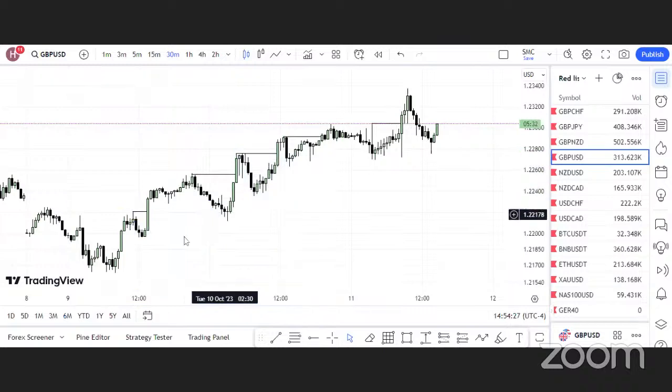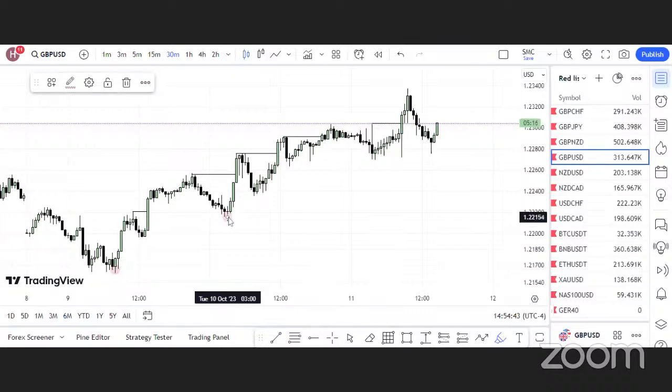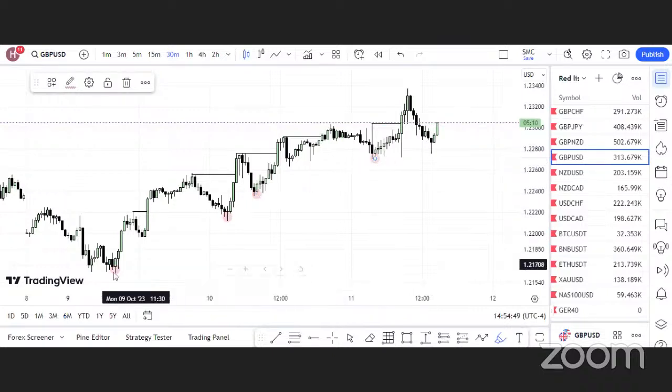So if you don't want to use this method I've just shown you, you can also use the trend line method. Okay. All you want to do is mark out areas where the market has rejected. You see, market rejected this area, yeah? Market rejected this area. Market rejected this area. Rejected this area. Okay. So now we have 1, 2, 3, 4.